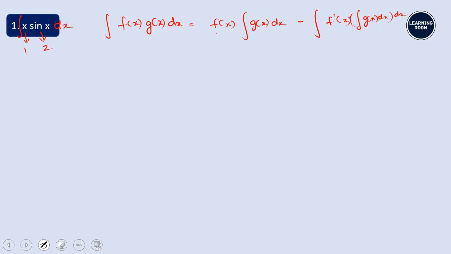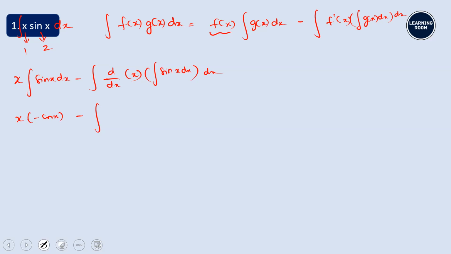So how to do this? f of x is x into integral of sin x dx minus integral of derivative of first function into integral of second function. So x into what is the integral of sin x? That's minus cos x, minus integral of derivative of x, which is 1.